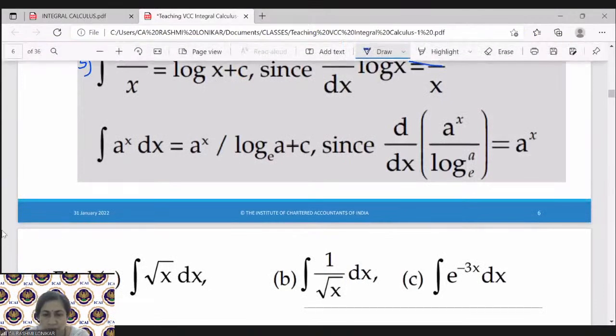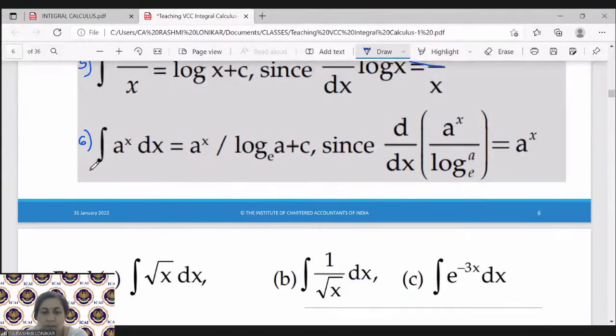So sixth formula that we are taking up is a raised to x. Integral of a raised to x dx is equal to a raised to x upon log a to the base e plus c. Because I know d by dx of a raised to x is a raised to x log a to the base e.